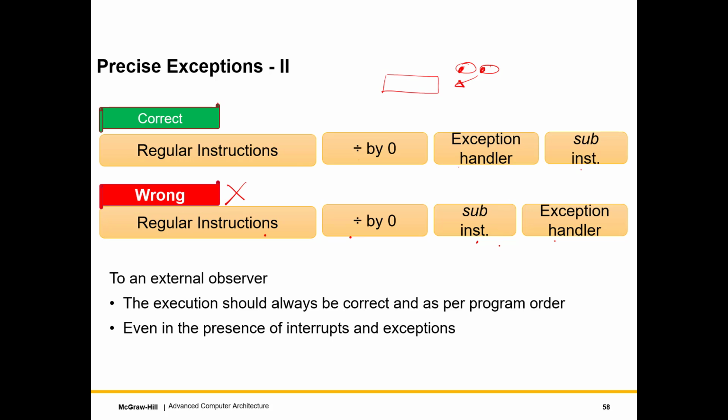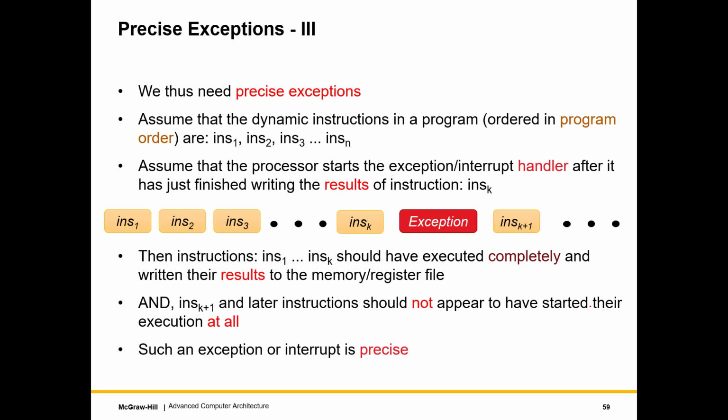This is indeed out of order, but out of order should be visible inside, not outside, which means that to an external observer, the execution should always be correct, as per program order. Even if there are interrupts and exceptions, externally it should be in program order.